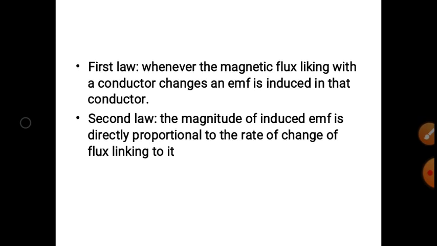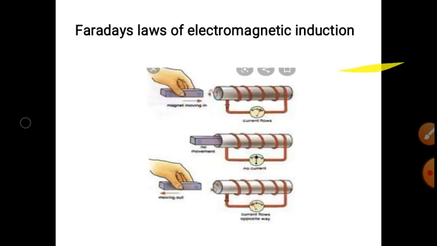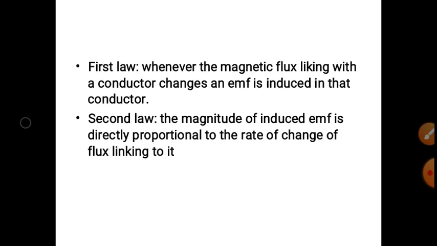Basically, there are two laws in Faraday's laws. The first one: whenever the magnetic flux which is linking with a conductor changes, an EMF is induced in that conductor. Whenever there is movement of the magnet, an EMF will be induced in the coil.